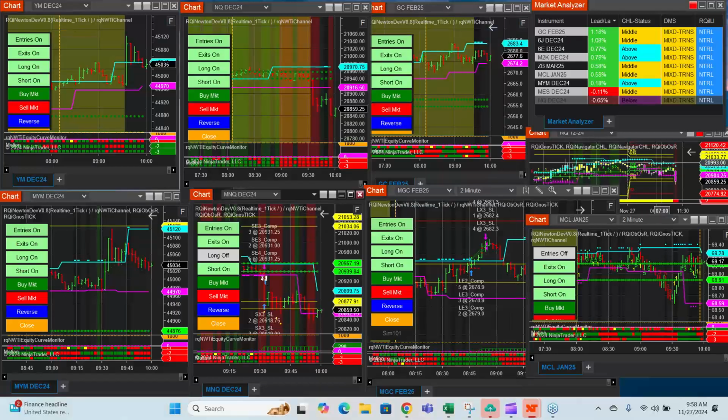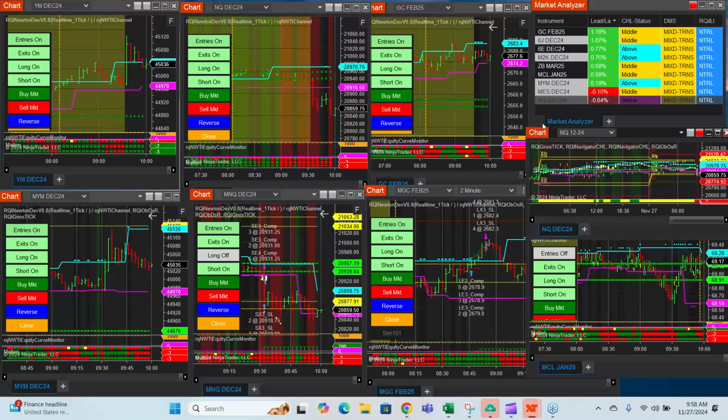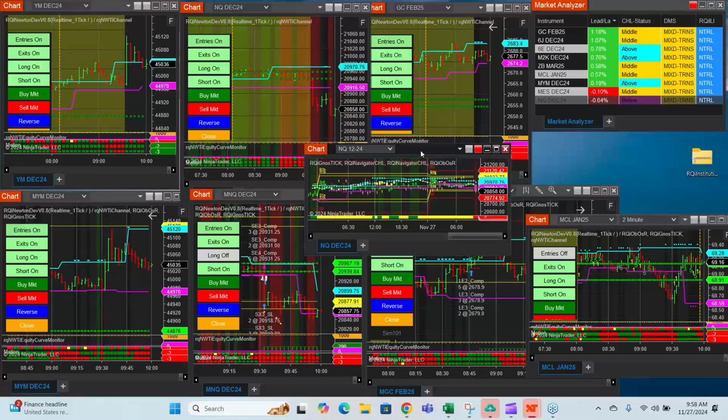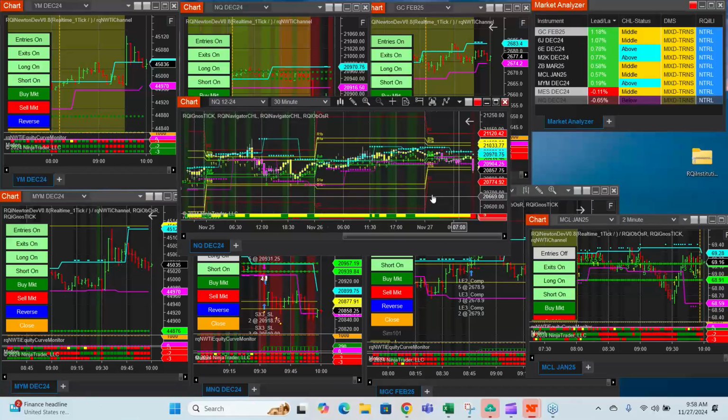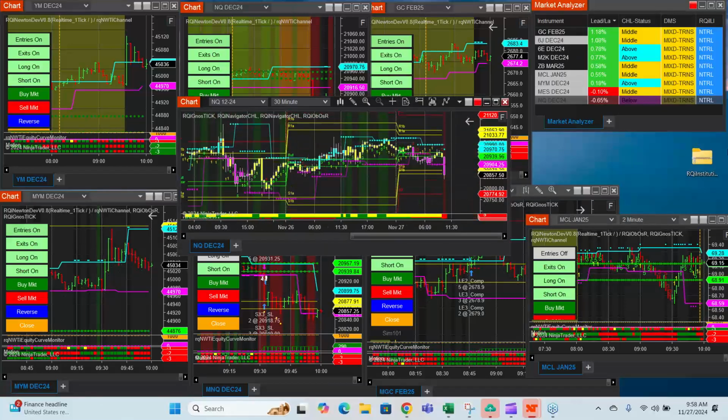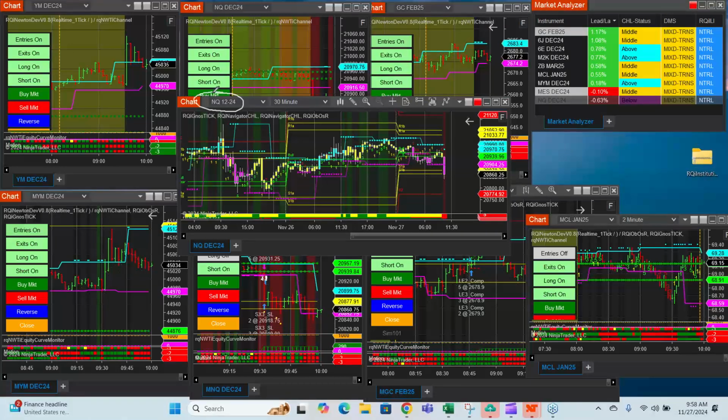Now, one of the things that I like to do is look at this 30-minute chart for setups. I'll talk about the NASDAQ since that's what we're looking at. I like when they are at resistance or at support, because usually you get explosive moves, and that's what happened here.